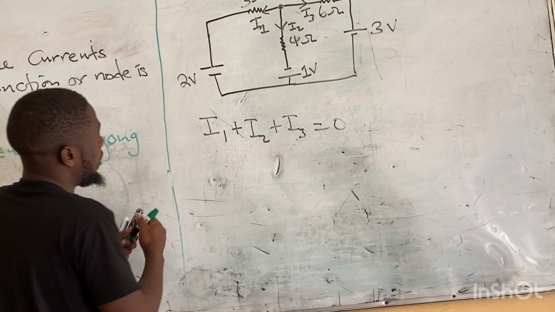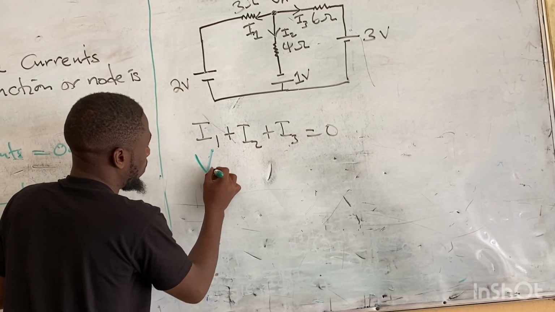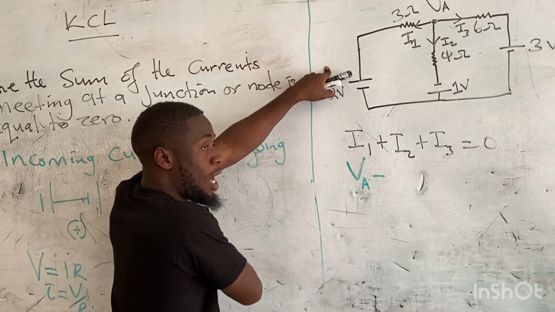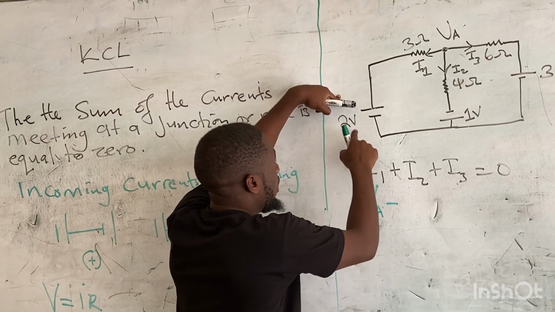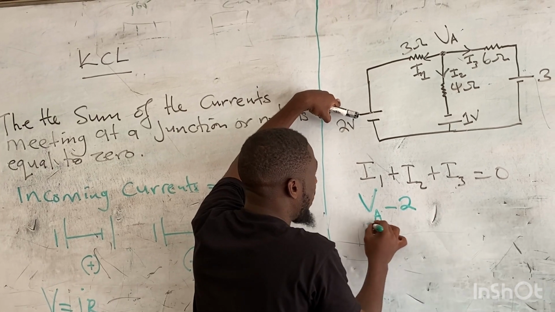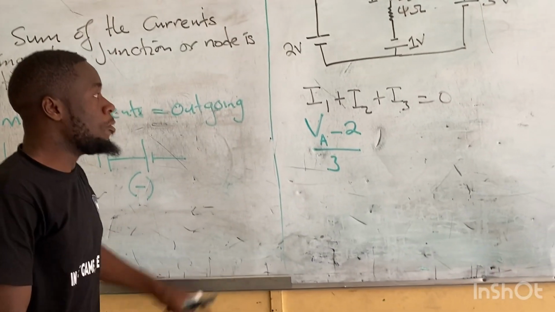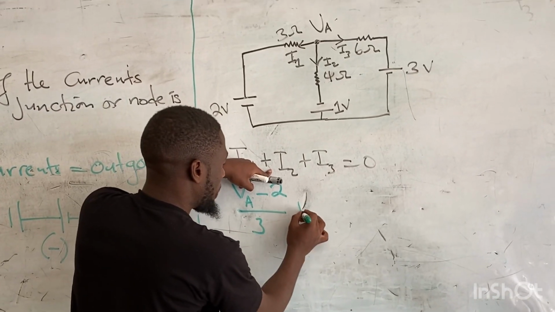So for I1 it will be VA minus 2, divided by the resistance there, which is 3. Then we move to I2 plus.